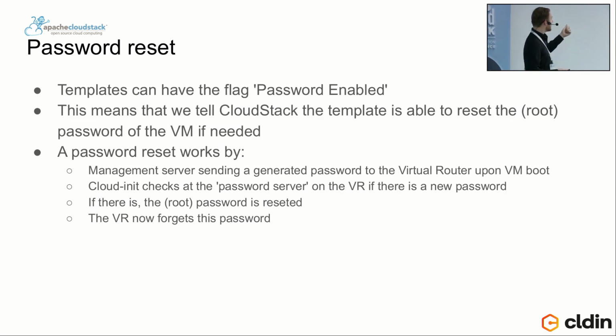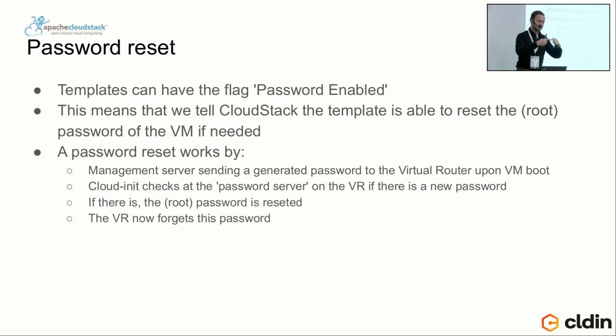And then when the VM boots, this password is being sent to the VR. And there's something called the password server running inside the virtual router, which then serves that password to the VM if needed. So if there's a password on the password server, then cloud-init will reset the password of the virtual machine, and that's it. However, the VR will forget the password as soon as it's downloaded.